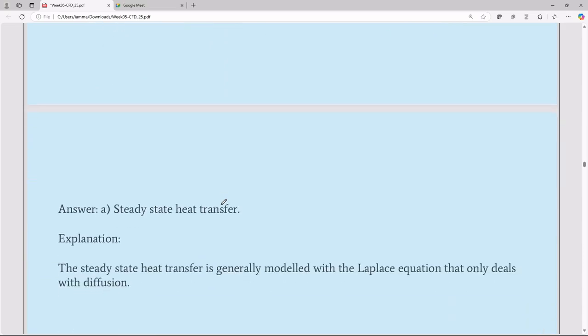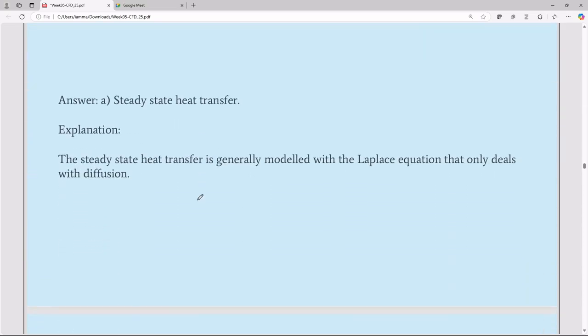Okay, our answer is option A, steady state heat transfer. In steady state heat transfer, there won't be any time variation. The heat transfer is mostly due to diffusion or because of the presence of a source.